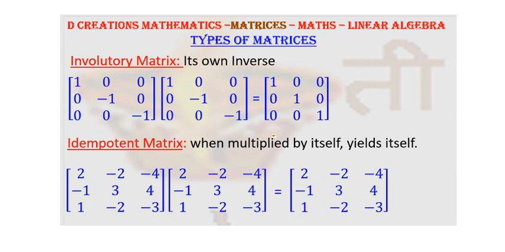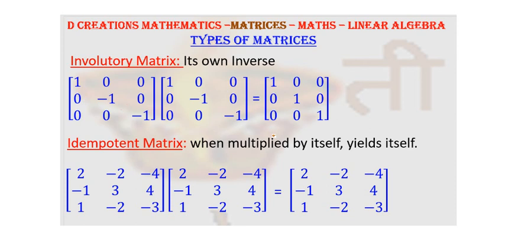So typically when you multiply any matrix A with its inverse A inverse, you get an identity matrix. So in this case, if I multiply them, you get an identity matrix back. So essentially this particular matrix is its own inverse.